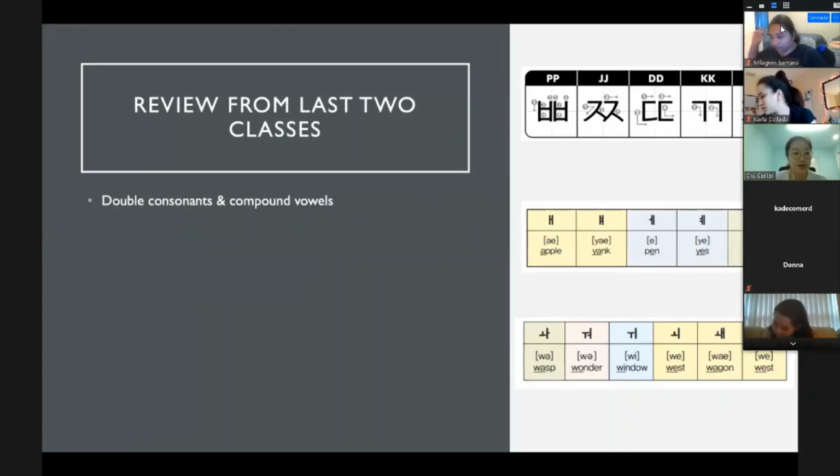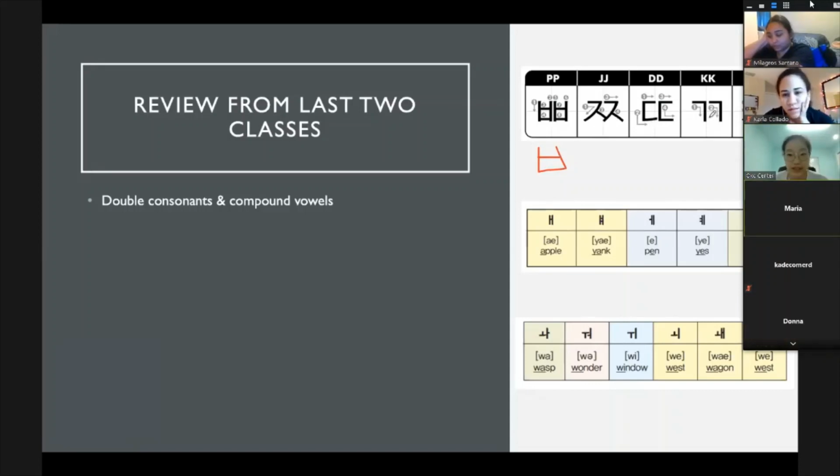Okay. So from last classes, we've been going over the double consonants and the compound vowels. So we had a pube, and we had diut, tigut, kiok, and siut, and we called this one sang biut because it's double.